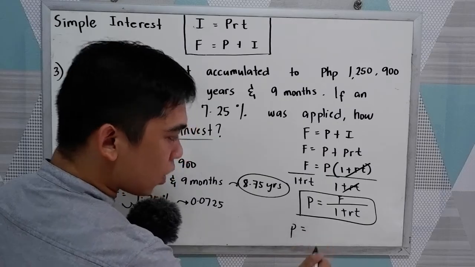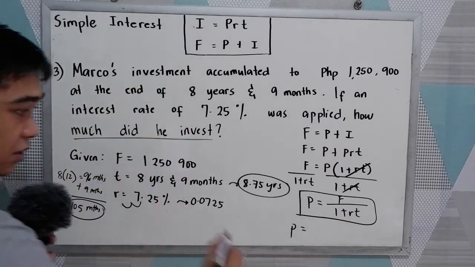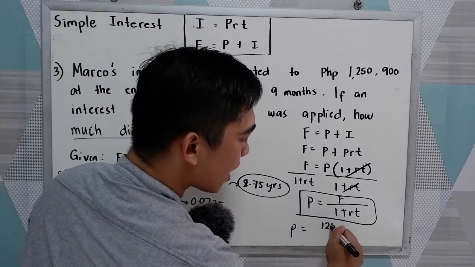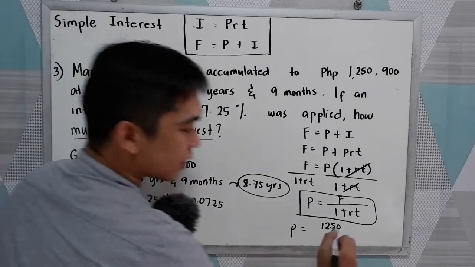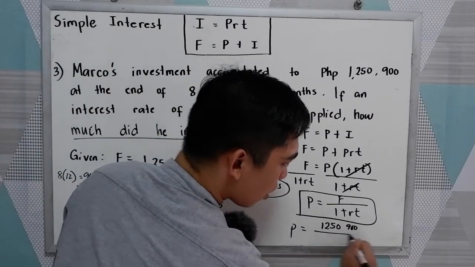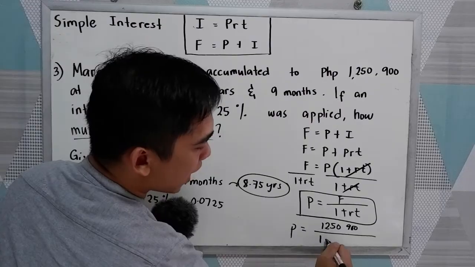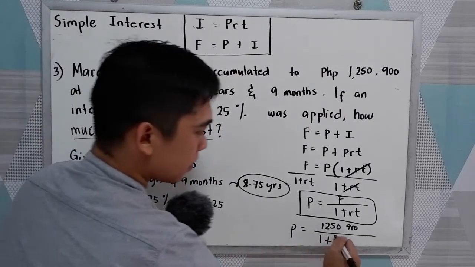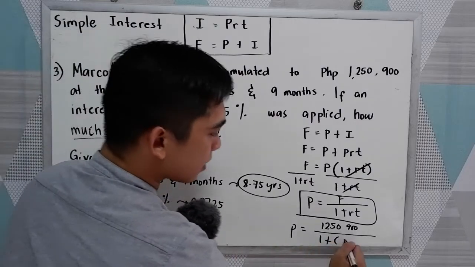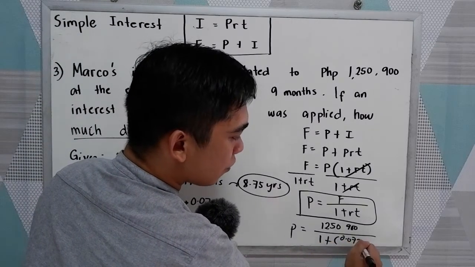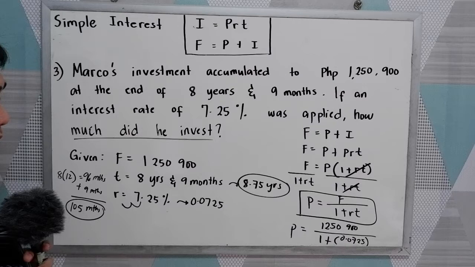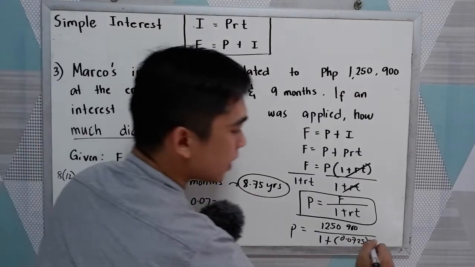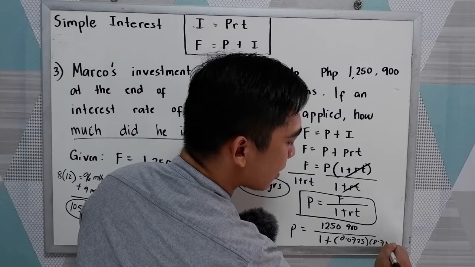So, P is equal to F, which is 1,250,900, all over 1 plus rate, which is 0.0725, times our time, 8.75.